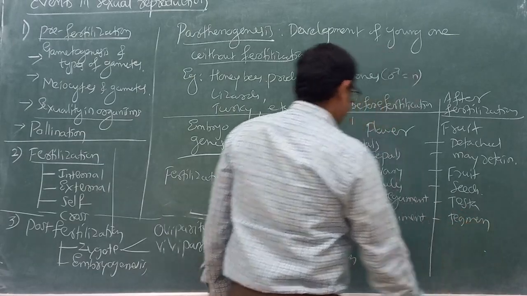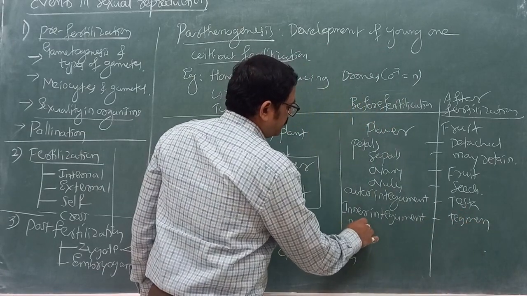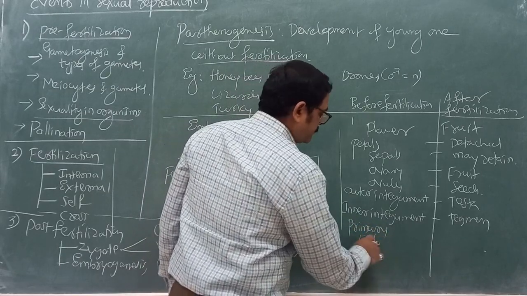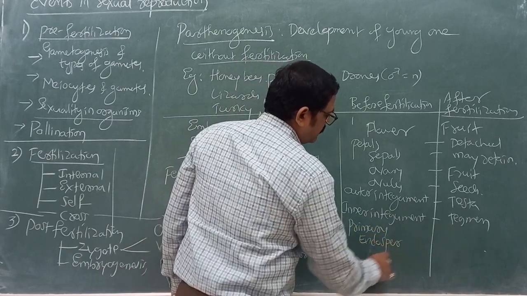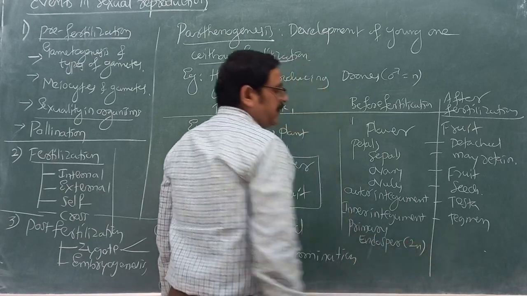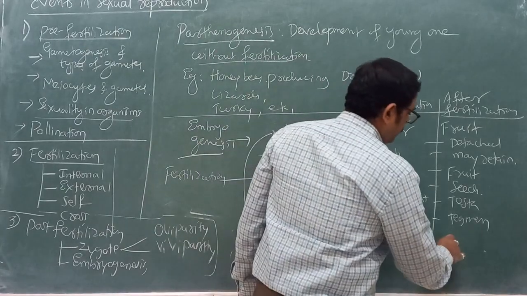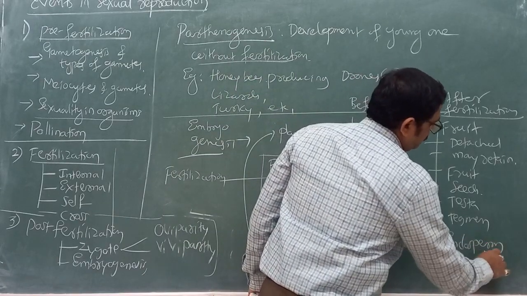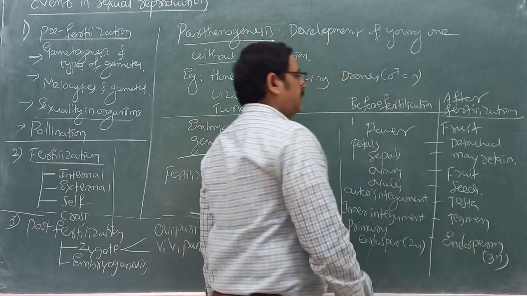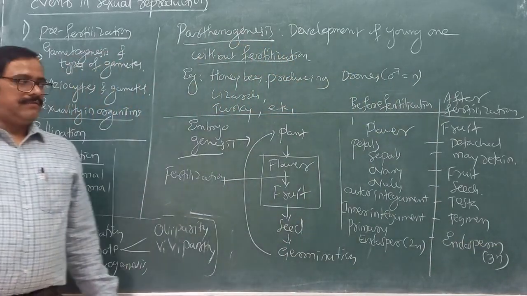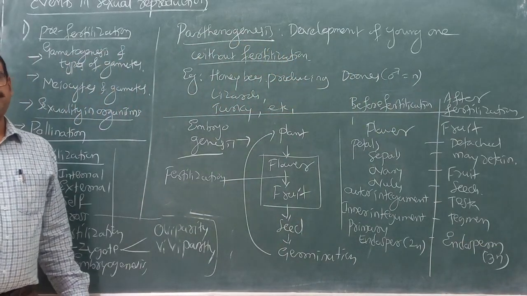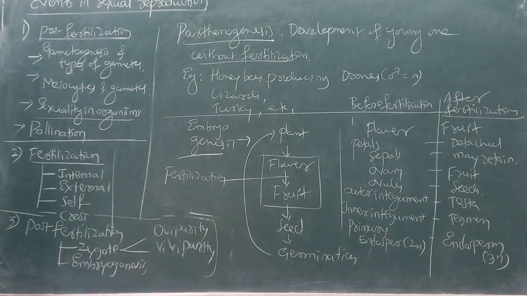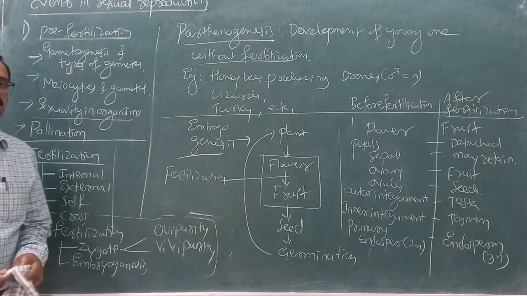Primary endosperm becomes the endosperm itself. That is going to become triploid. These things, yes, you need to remember. Before and after fertilization.